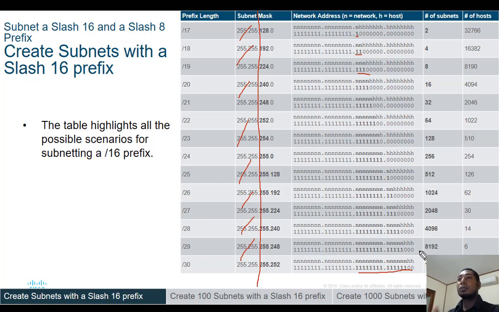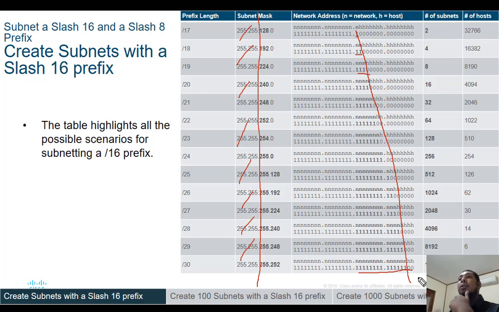So if you're creating subnets with a /16 prefix, not just /16 but /8 and /24, you start borrowing bits from the left to your right. It starts from the left and borrows bits to the right until all the bits are used up. That's the whole idea here.